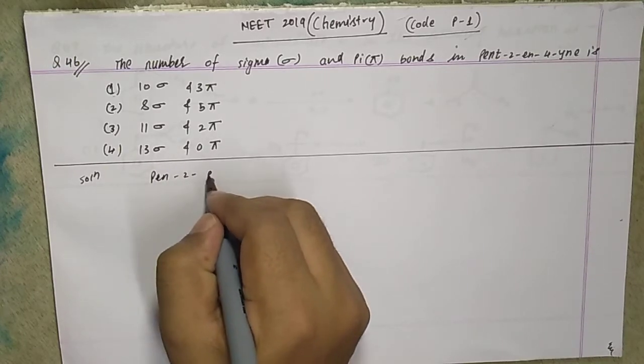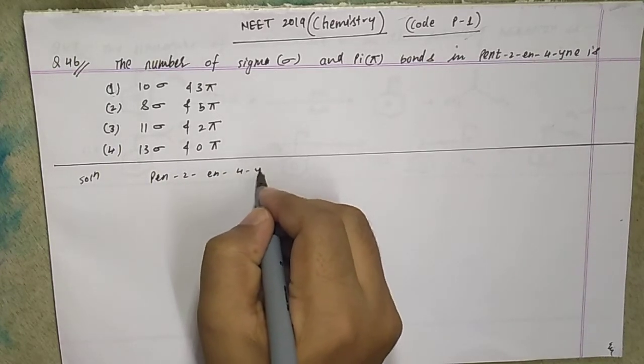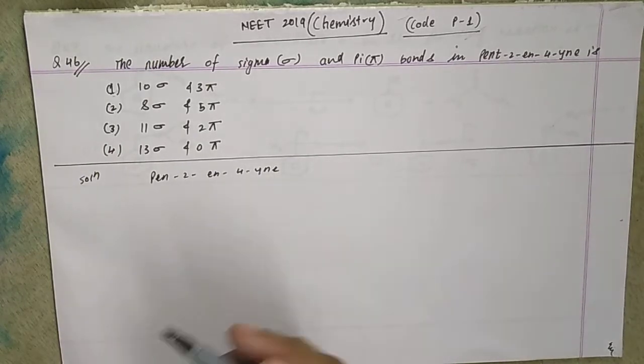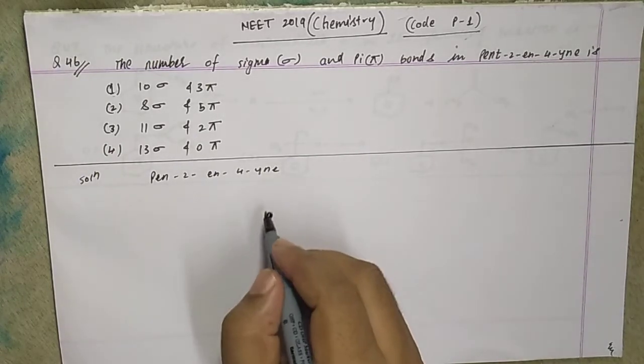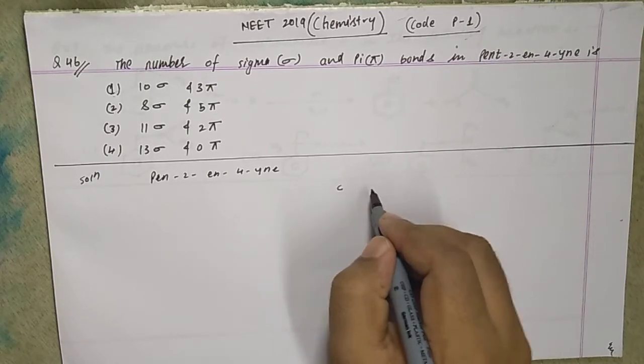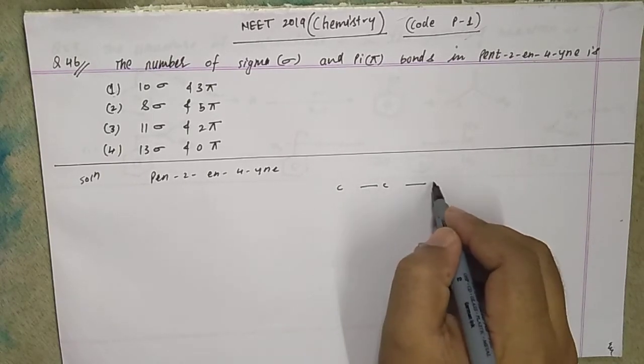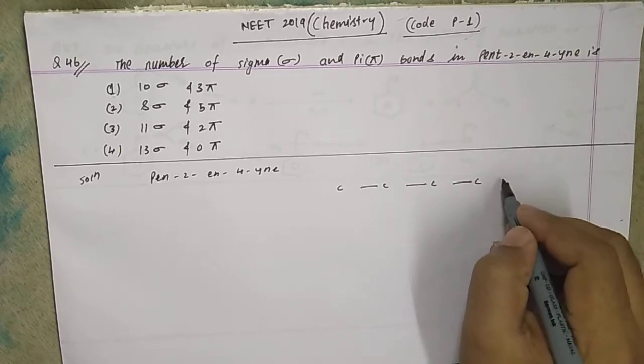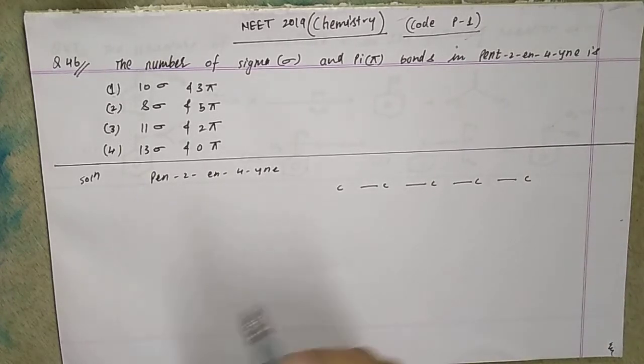Pent-2-yne, this is our question. So pent-2-yne means how many carbons are there? This is meth, eth, prop, but, and this is pent, 5 carbons.